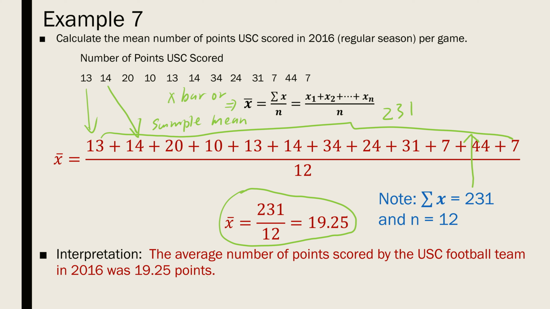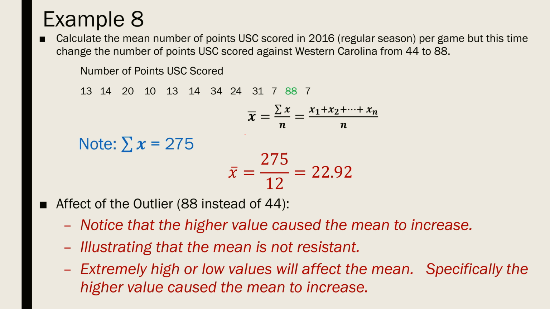The average number of points scored by the USC football team in 2016 was 19.25 points. This is the interpretation of X bar, or the sample mean here. In this example, we will change number 44 to 88. So this number here was 44. Now we change it to 88.